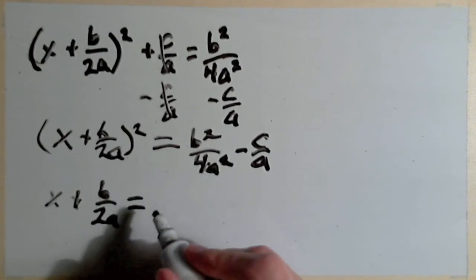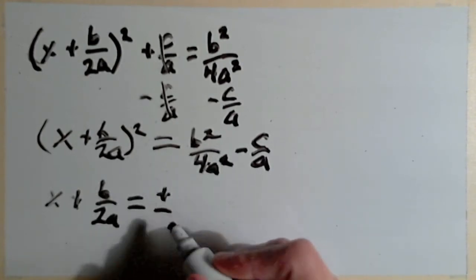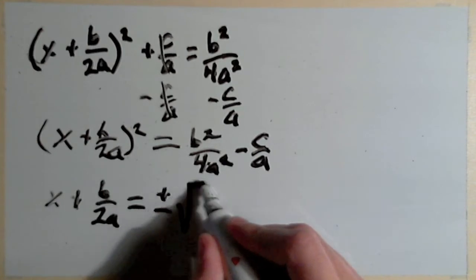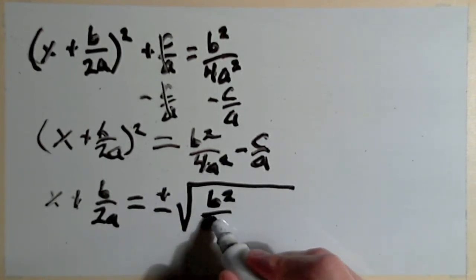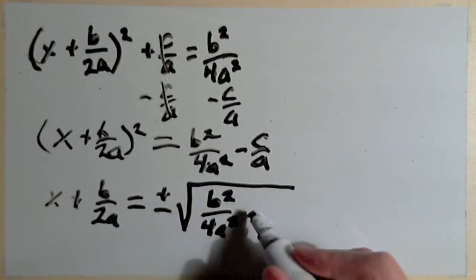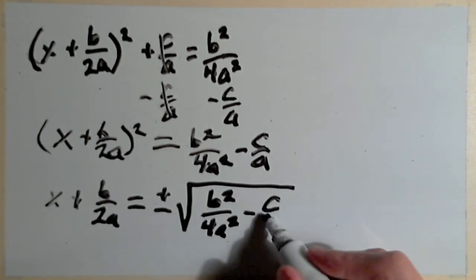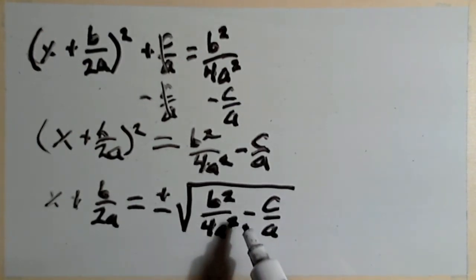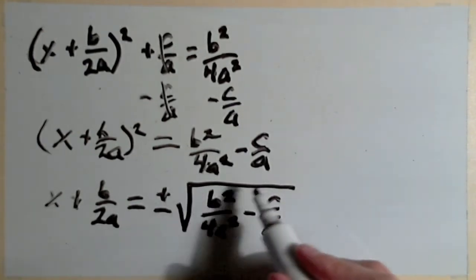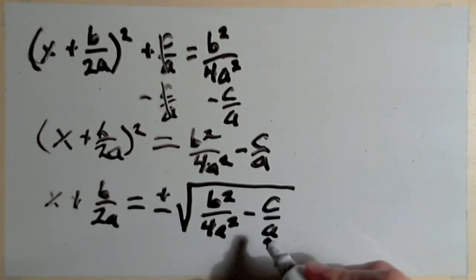And over here, we'll get plus or minus the square root of b squared over 4a squared minus c over a. We might want to make this into one single fraction underneath the square root. So let's go ahead and do that.